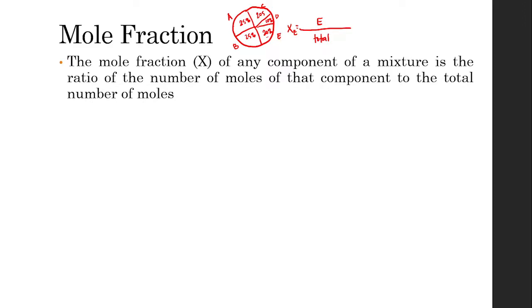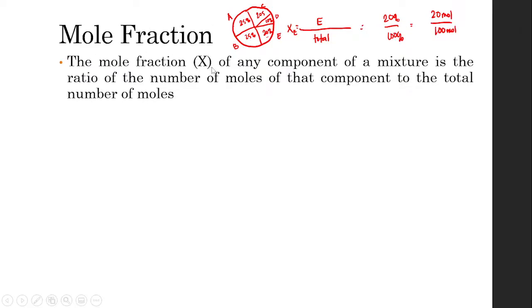If we add everything here, that's basically just 100. So you end up having about 20% over 100%, but instead of percent we are talking about moles. So that's something like 20 moles of E divided by 100 moles of the total. That is what mole fraction is.